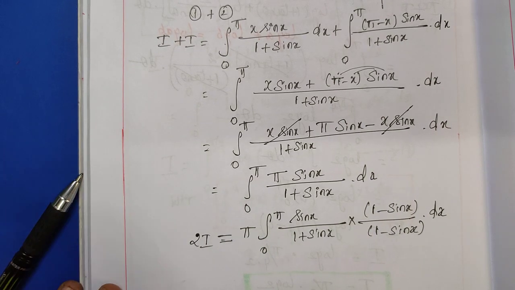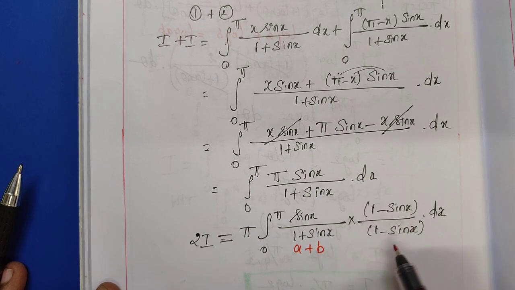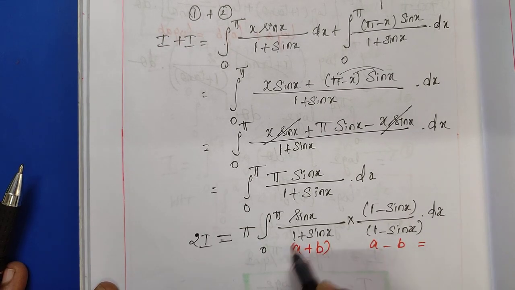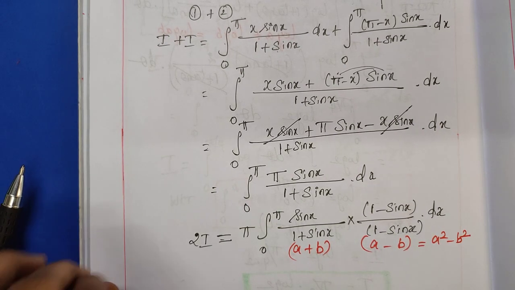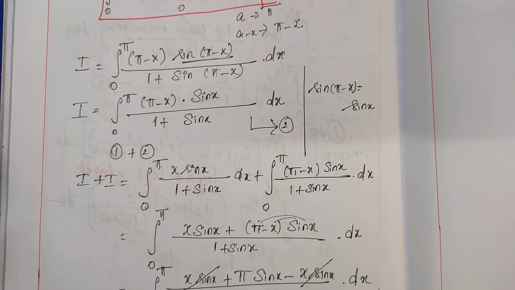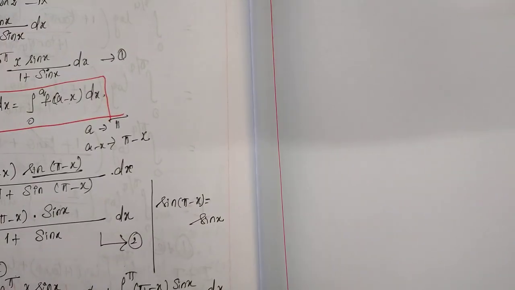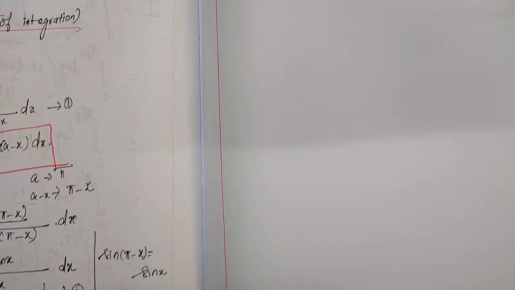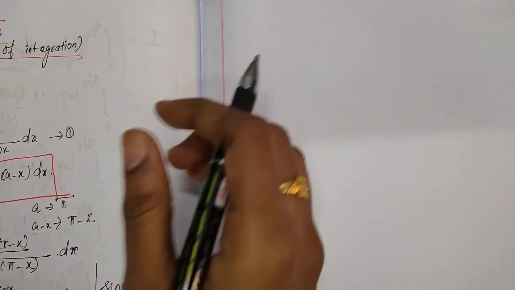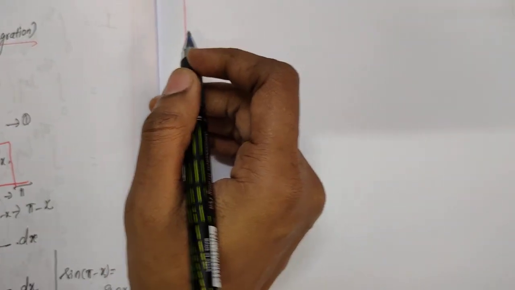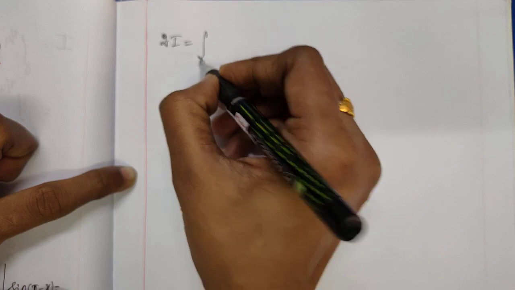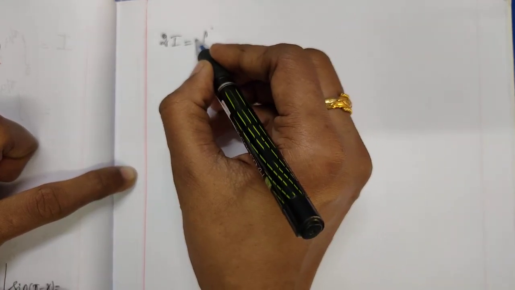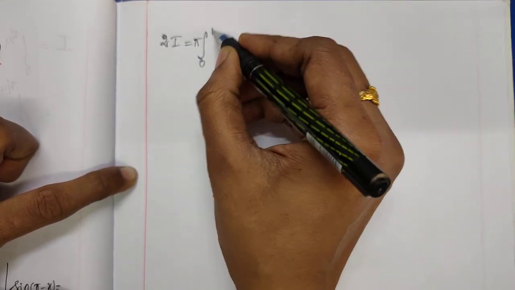Looking at the denominator, it is of the form a plus b times a minus b, which we know is a squared minus b squared. Therefore, 2I is equal to pi times the integral from 0 to pi.